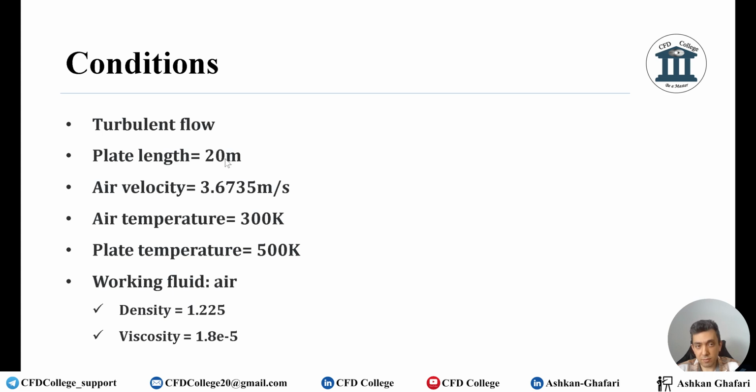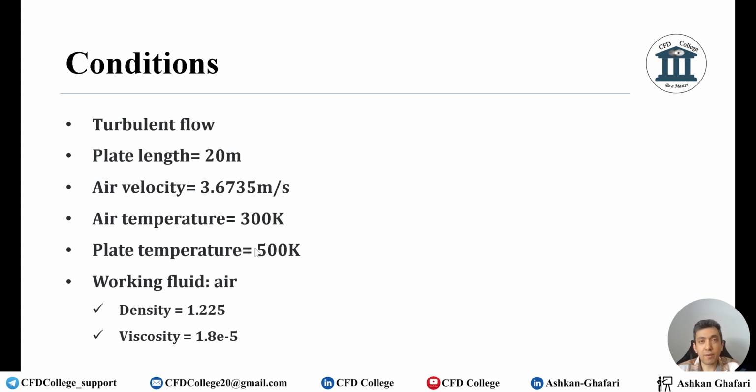The plate length is still 20 meters, so we should increase the air velocity. This is the value that we chose, 3.6735, for the air velocity. The temperature is the same, 300 kelvins, but the plate temperature has increased to 500 kelvins.